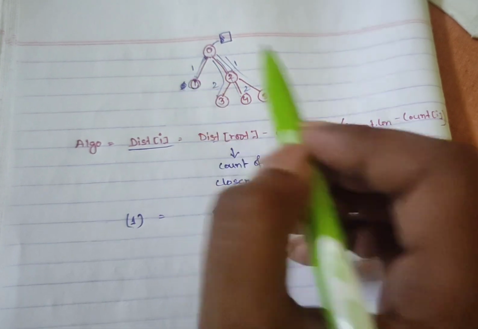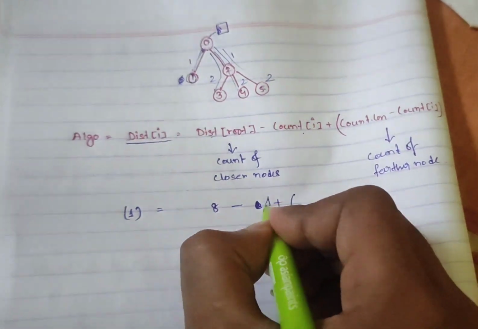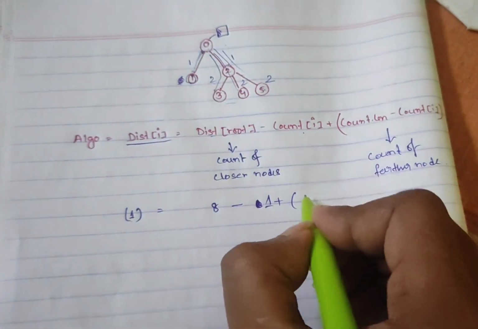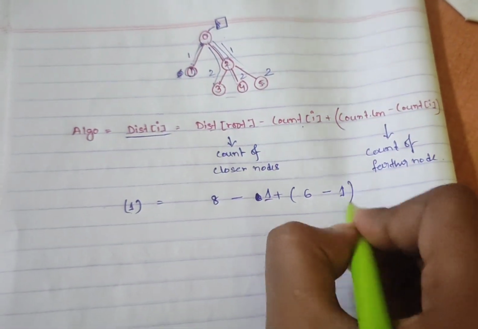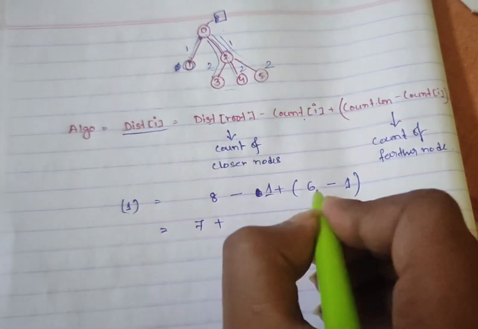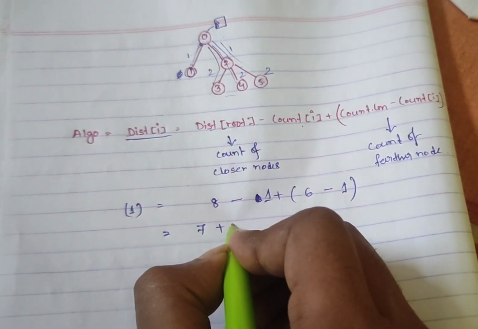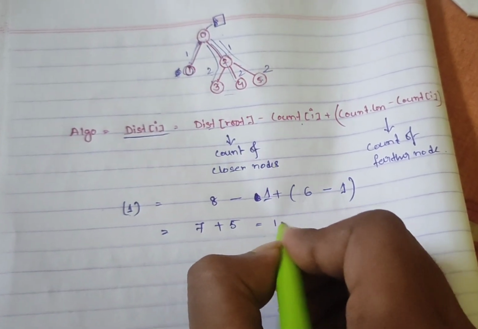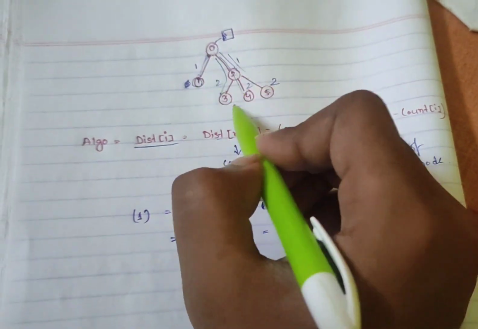Okay, so the closer nodes is 1, so count of I is 1, and plus count.length. So the total length is what? 6 minus count of I, which is 1. So for 1, 8 minus 1, that is 7, plus 6 minus 1, that is 5. So basically for 1, the total is 12. You can check, for 1 the total is 12.